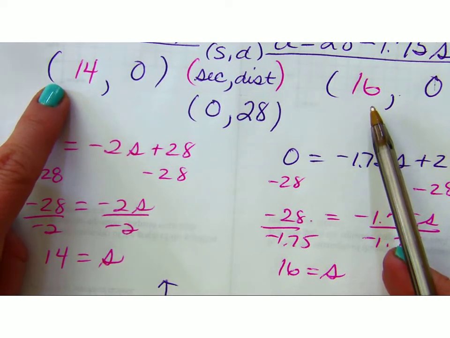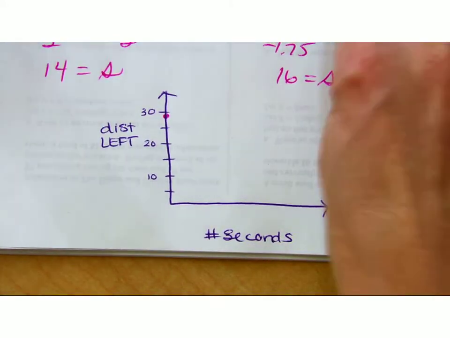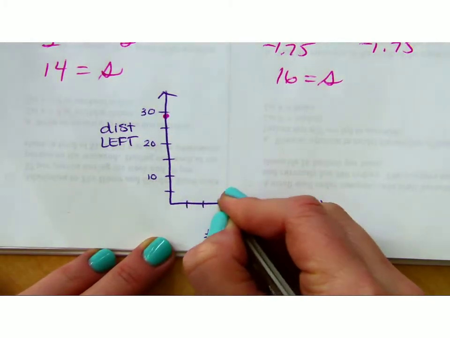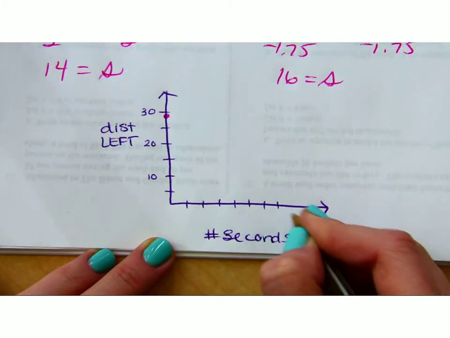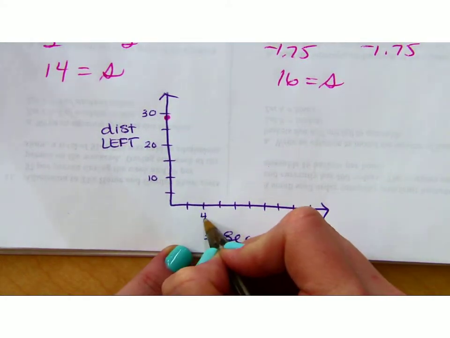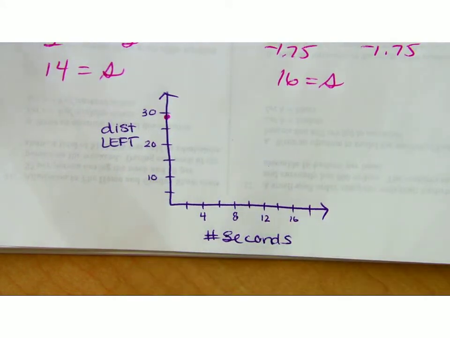Okay. So look up here. I need to go up to 16, so I'm just going to go by 2s. 2, 4, 6, 8, 10, 12, 14, 16, 18. So 4, 8, 12, 16. This is a good spread of data.